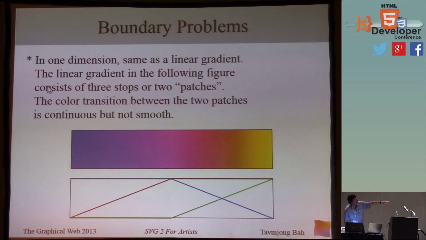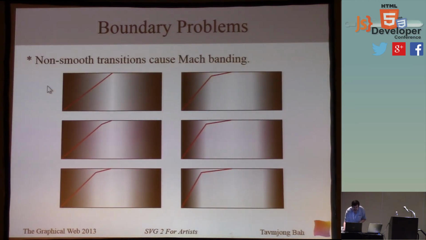And you notice that as you move across, the amount of red, green, and blue is continuous, but it's not smooth. And when you have abrupt changes like that, you get what's known as Mach banding. You can see places where the red line bends. You can see it's brighter at that point. That's because your gradient is not smooth there.